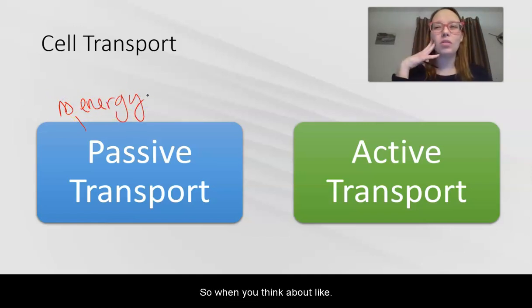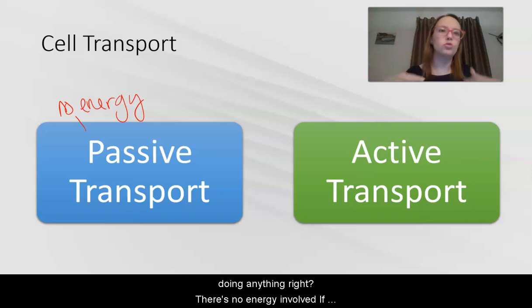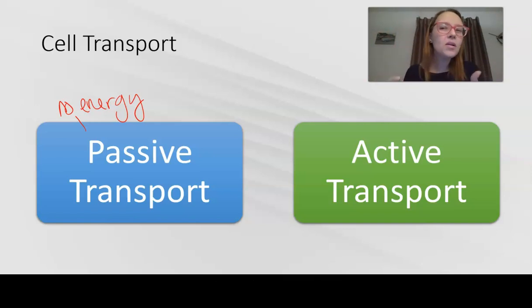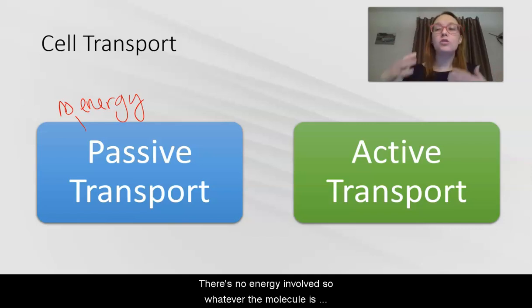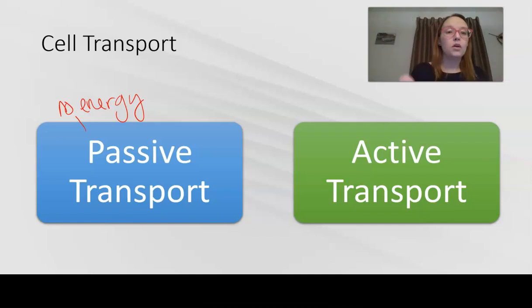So when you think about, oh, you're being very passive. Oh, all right. Well, you're not doing anything, right? There's no energy involved. Something is passive. It's just happening. So whatever the molecule is can just go right through.